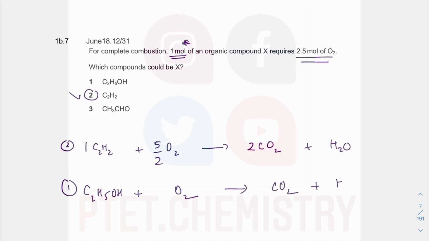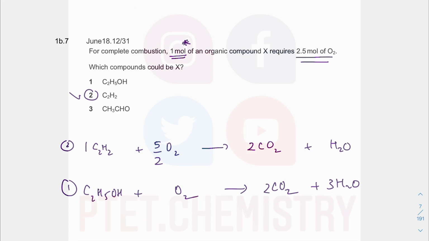You will get CO2 and H2O when you do complete combustion of alcohol. You've got 2 carbon here, so you produce 2 CO2. You don't have 5 hydrogen, you have 5 plus 1, which is 6 hydrogen. So you need 3 times 2, so you have 3 water. You've got 4 oxygen, 2 times 2, and you've got 3 times 1, so 7 oxygen altogether.